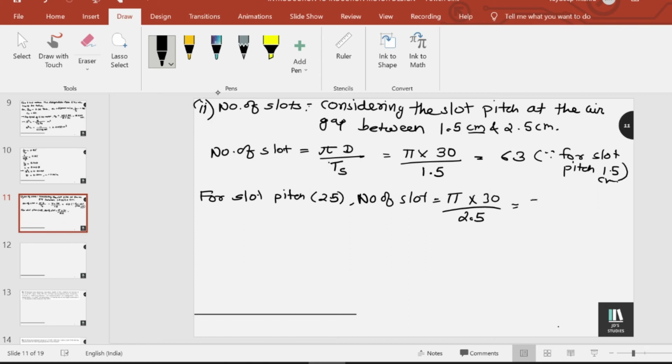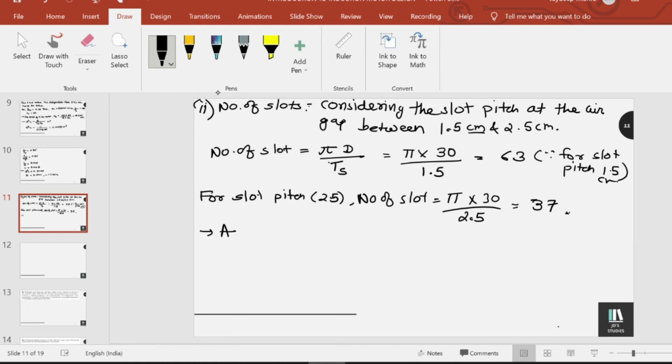We will get the answer 37. So here we get two numbers of slots, for 2.5 centimeter and for 1.5 centimeter. We will assume that our number of slots is between 37 and 63.